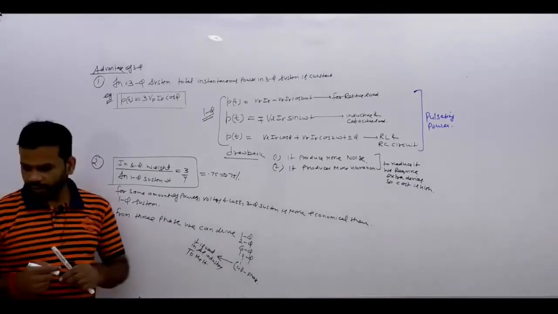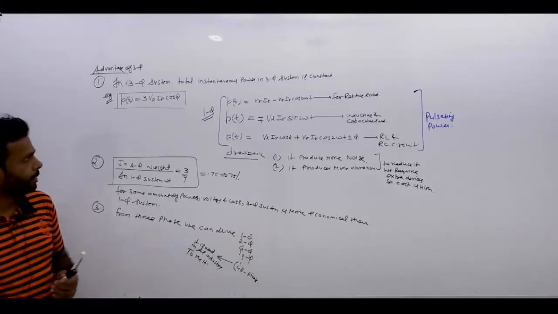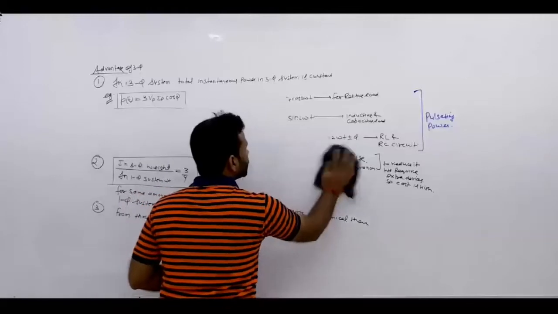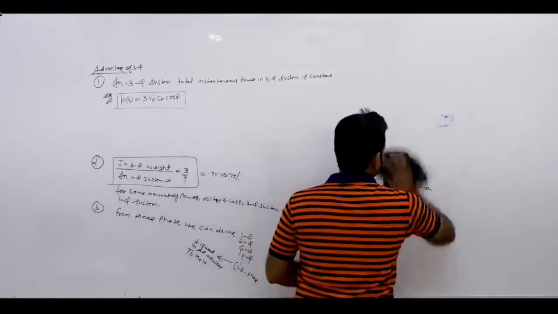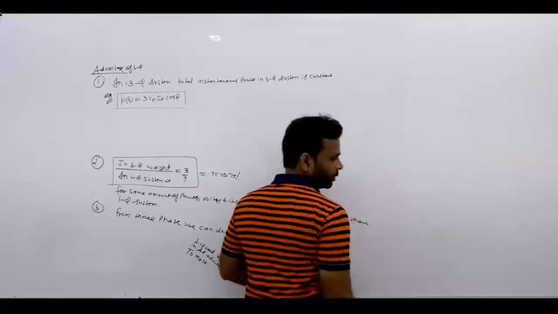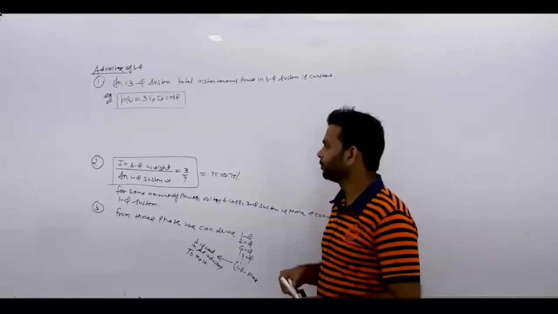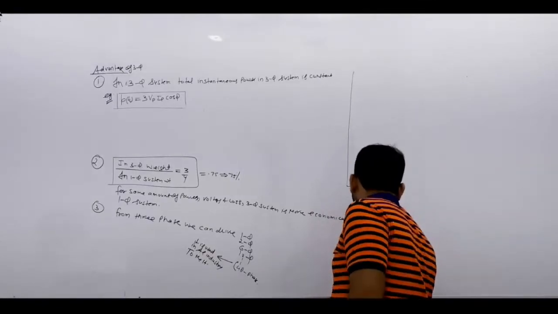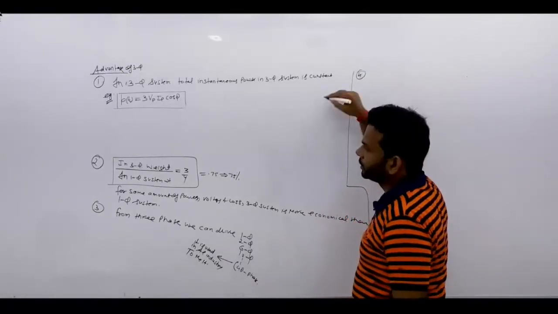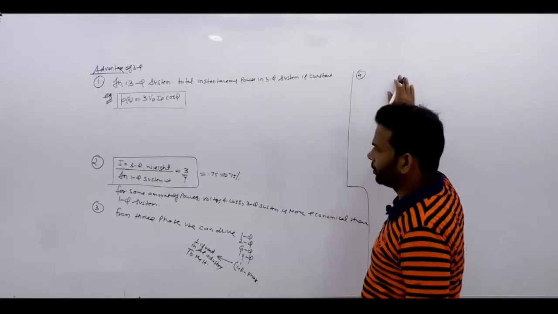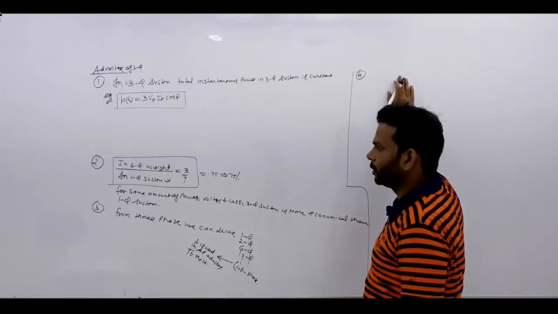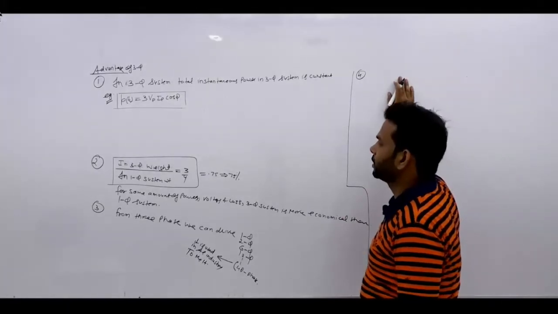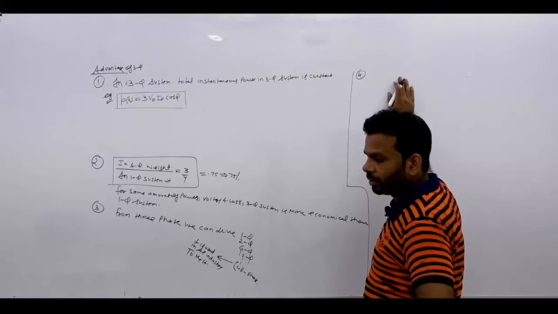Now let's see the next advantage of three-phase system. Okay, so we are having three advantages here. Now let's see the fourth advantage. Since in three-phase system we require 25% less material, so the losses are less because the losses occur in material.